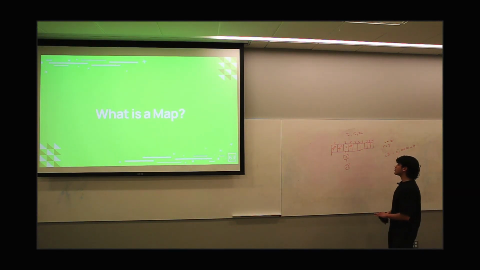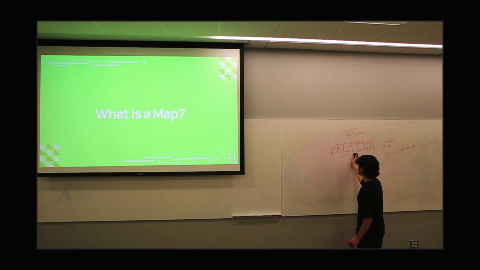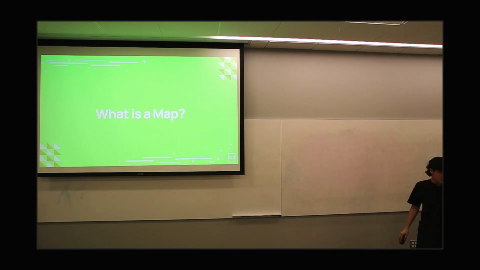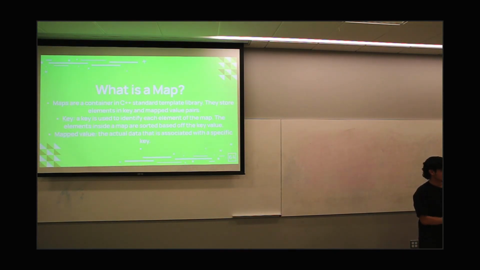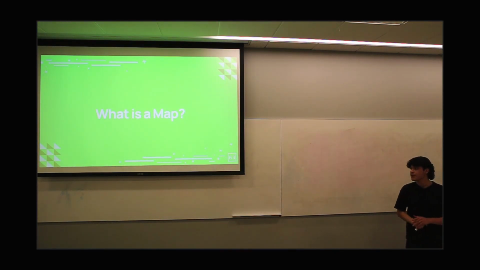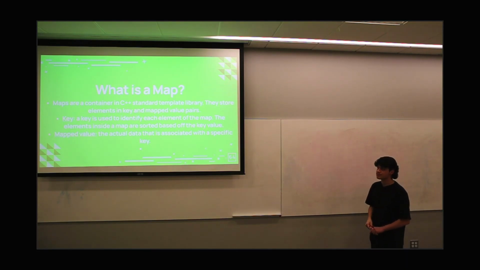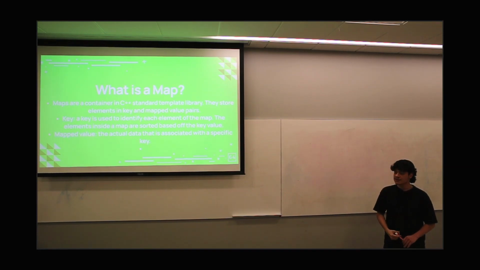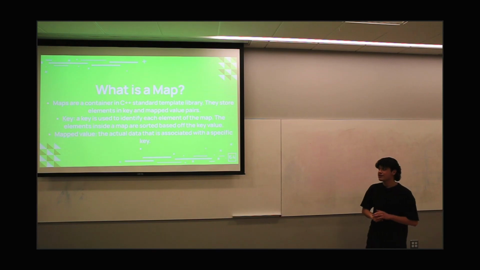All right, so now we can go over what a map is in C++. Anybody knows what a map is? No? Okay. A map is just a container in the standard template library. They store the values in key and map value pairs.